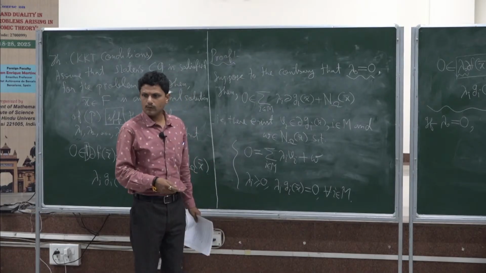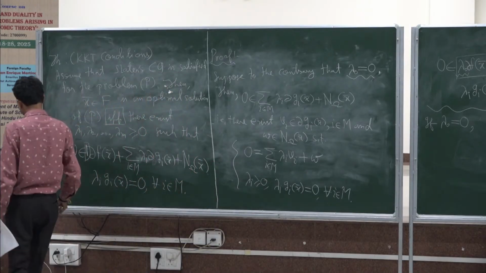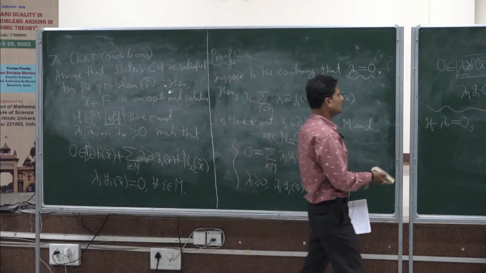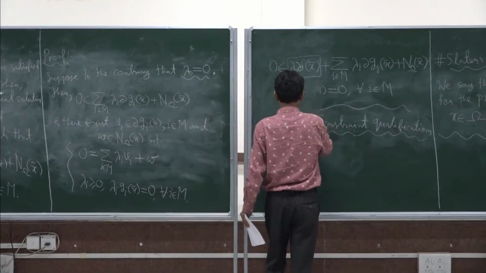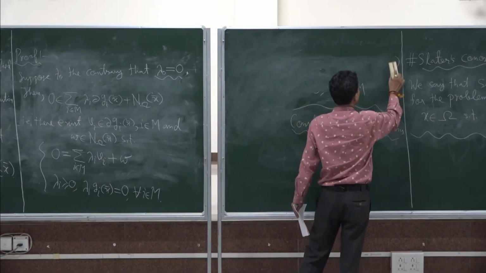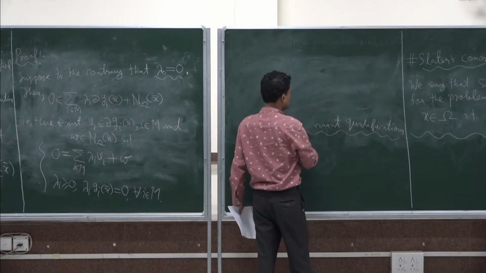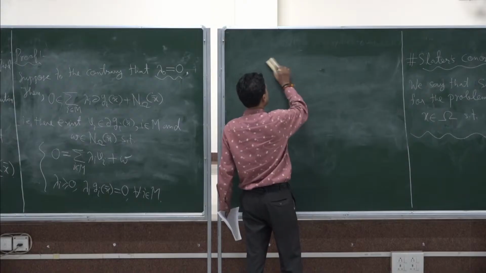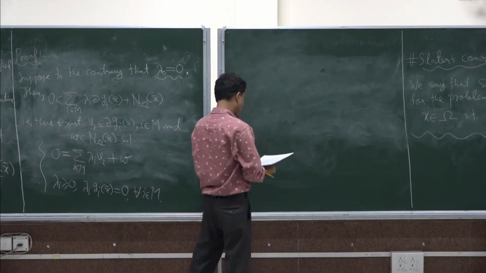So now, if we try to prove that this case is not possible, then we have to use the Slater constant qualification. Or in other words, under Slater constant qualification, this case cannot hold.